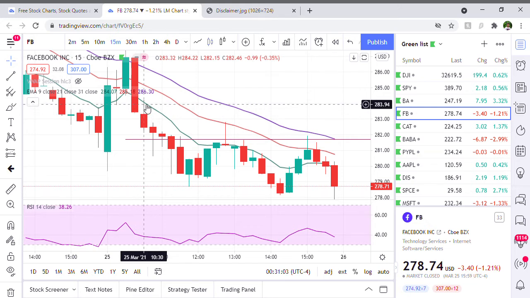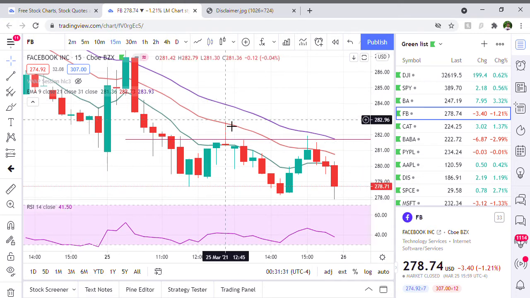The high of this particular candle, as you can see at the top over here, is 284.22. So 284.22 is the final stop loss. If it goes above 284.25, for a day trader it's a stop loss, because you have already entered at around 282. The stock already moved more than $2 against your direction, so you must stop over there. Okay, this is your first stop loss.